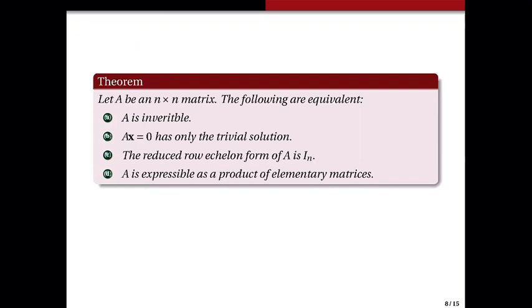Now, if your matrix is not invertible, then the reduced row echelon form of A will not be the identity. So if A is not invertible, the reduced row echelon form of A will not be the identity. Okay?